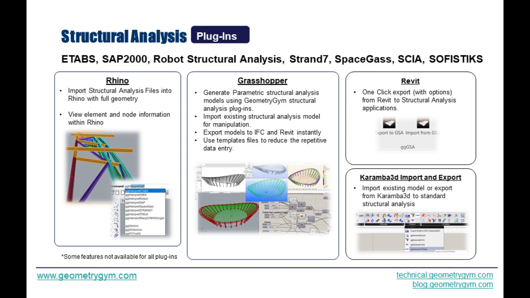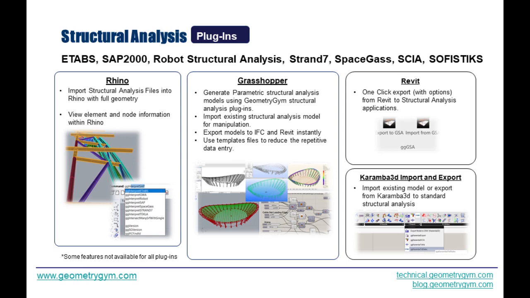You can also import and export from Grasshopper, so you can import structural analysis models into Grasshopper, which creates a structural analysis database that you can manipulate within Grasshopper, and export directly to IFC from that if you want to import into Revit or something like that.